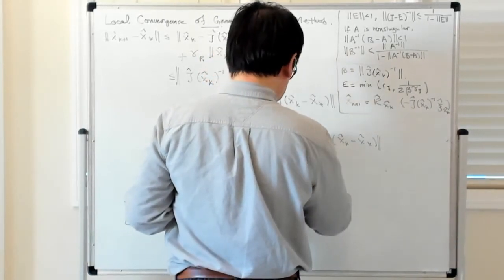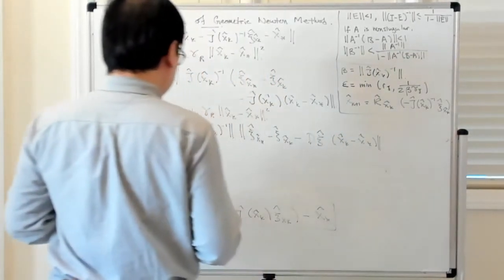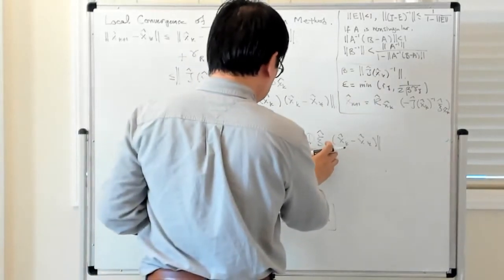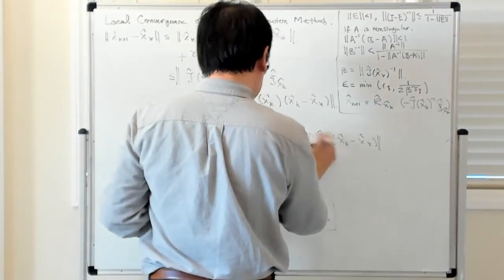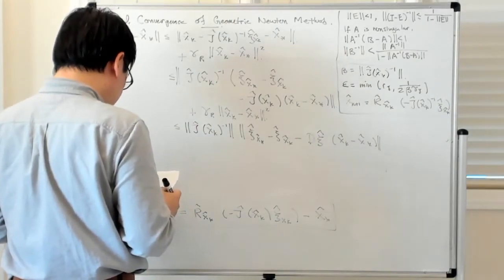So that's D c hat. If you recall, the difference between D and J applied to a vector is given in terms of the gamma.